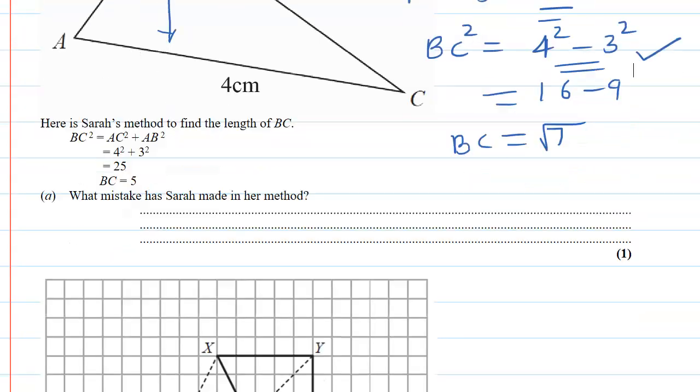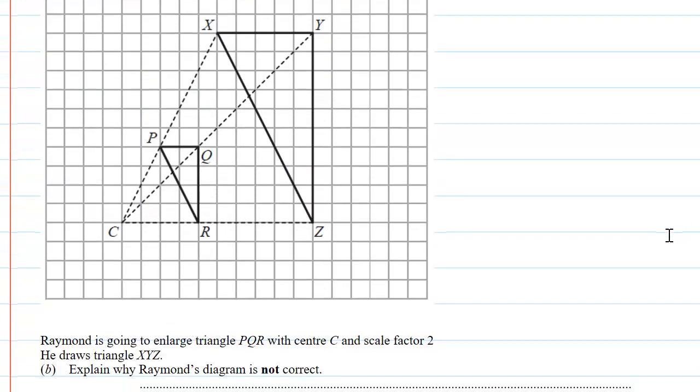Now, next question here. Raymond is going to enlarge. Remember, we have changed a few digits and names for a few questions. In the original paper, the name is different. Here we have used the name Raymond, and to enlarge a scale, triangle PQR. This is triangle PQR, which he is enlarging with center C and scale factor 2. He draws triangle XYZ.